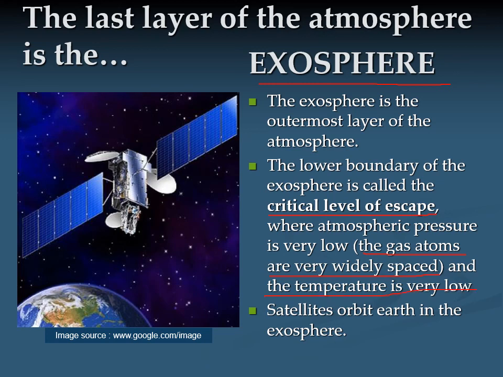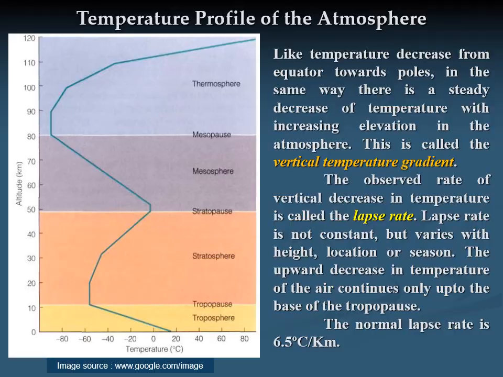So if you look at the overall temperature profile of the atmosphere, you can see there is a general trend of decreasing temperature through altitude, which is known as the vertical temperature gradient. The observed rate of vertical decrease in temperature is known as the lapse rate. But this lapse rate is not constant.